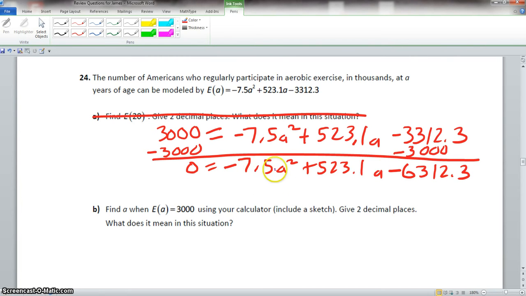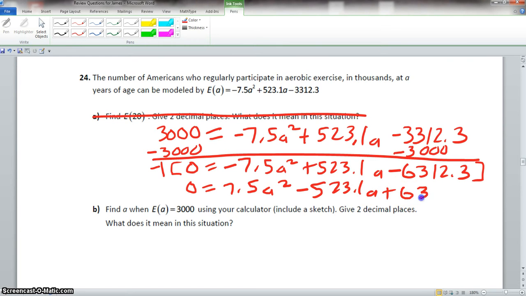Now remember, we typically don't want our lead coefficient to be negative. So what we could do is multiply everything by negative 1. And all that does is change the sign of everything. So we have 0 is equal to 7.5a squared minus 523.1a plus 6,312.3. We could do one other thing.